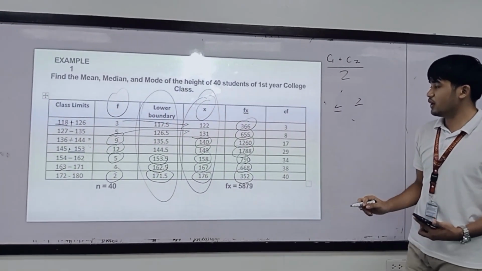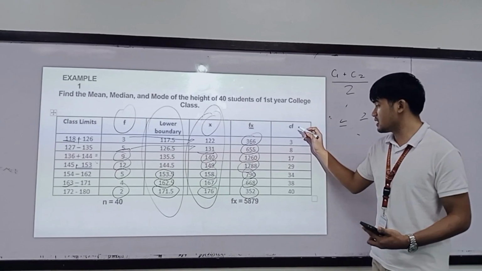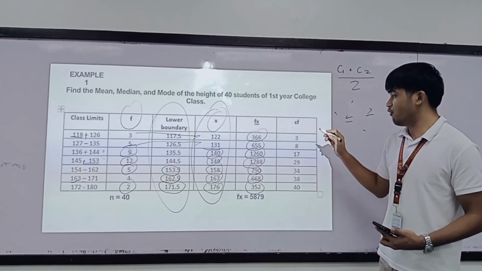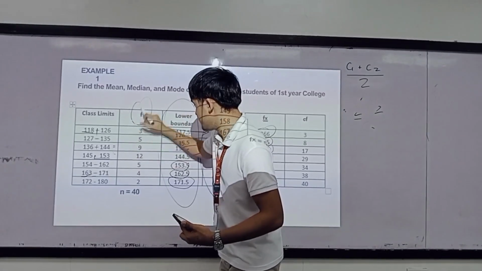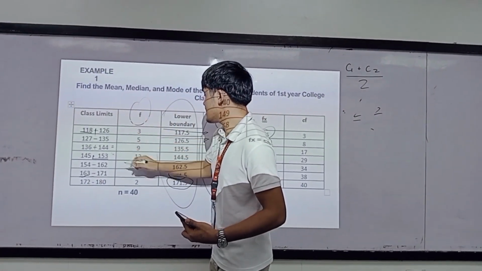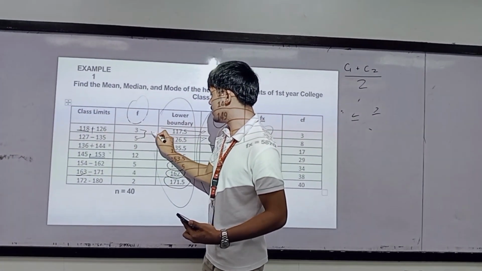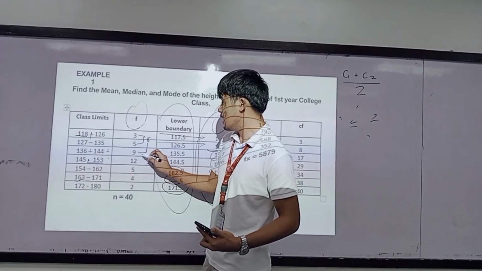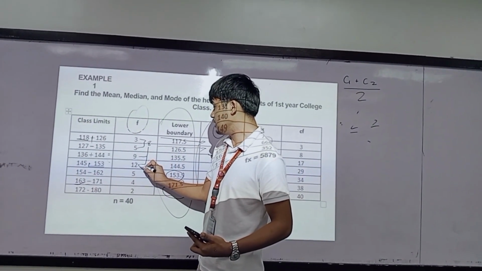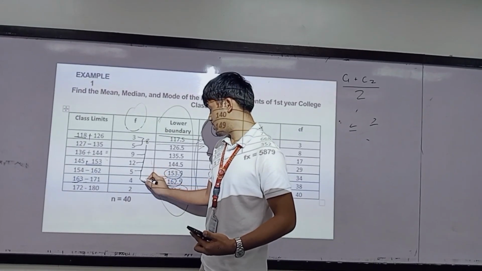Since we already see the cumulative frequency or the CF, the formula in this is we will just need to add this one, and then the value of this we will add to the next number, and then add this to another number, and so on.